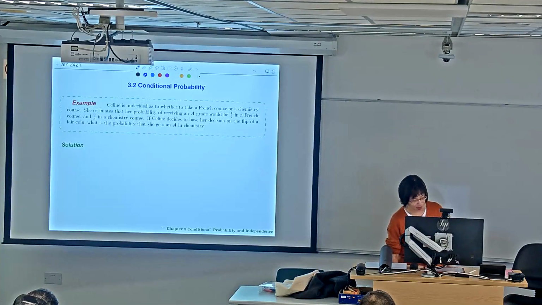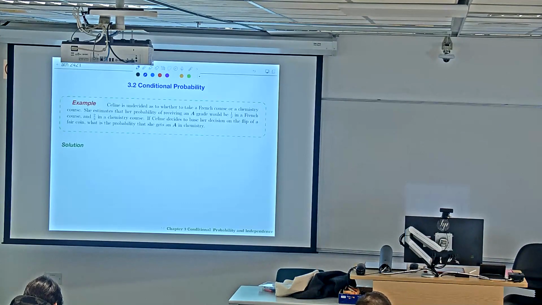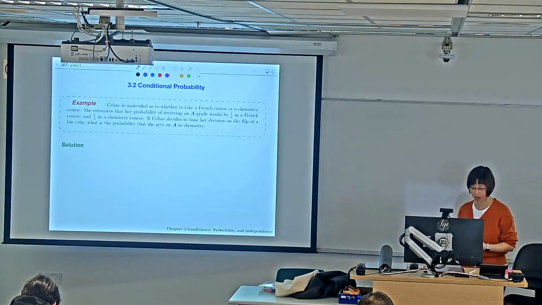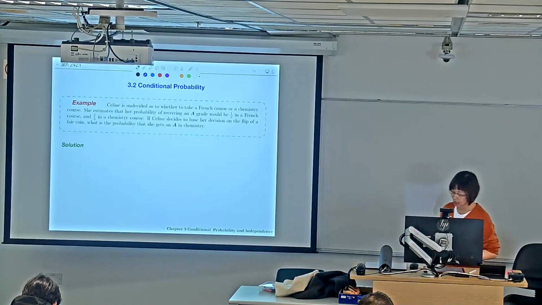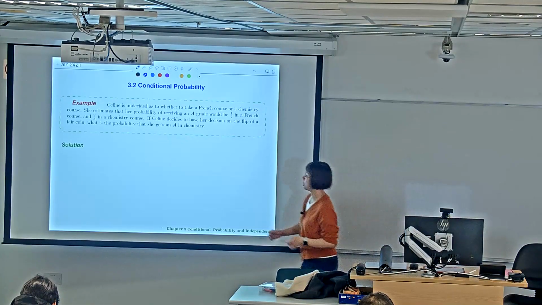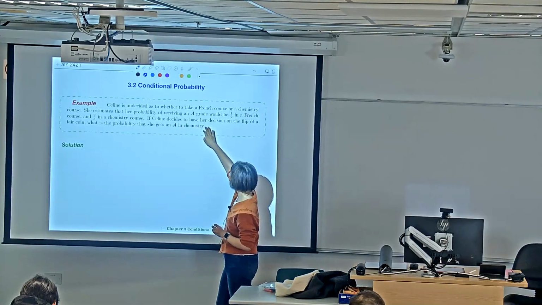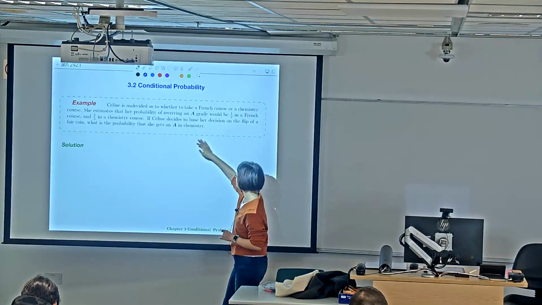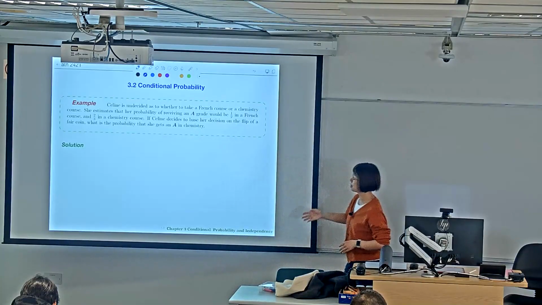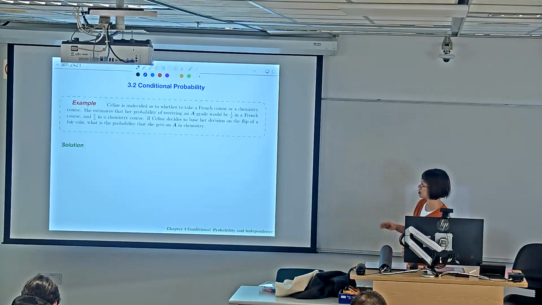So we can first analyze what is wanted. We want to find the probability that Celine takes the chemistry course and then gets an A. So basically we can view it as the intersection of two events. What is given is that the probability of getting an A would be 1/2 in the French course. This translates to: given that Celine takes the French course, the chance she gets an A is 1/2.